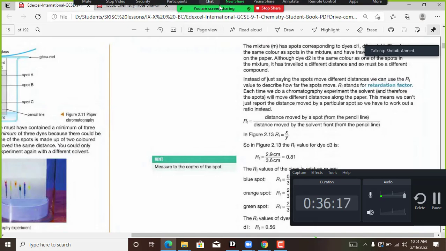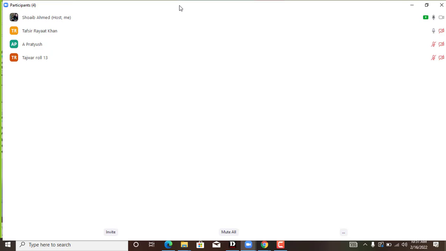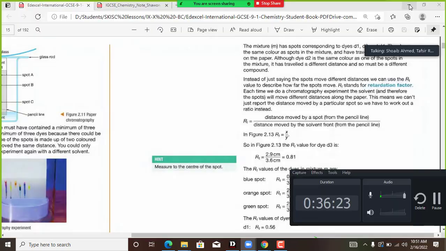Nobody answers? Unmute, let me see. What is the full form of RF? Pratyush, say. RF stands for retardation factor. Okay, good. What is RF?